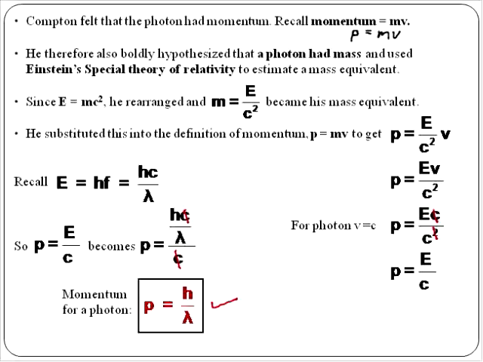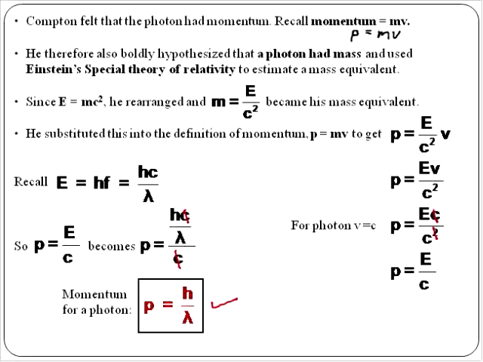Now, right after that, along came another guy by the name of deBroglie, depending on how you like to pronounce it. And he went one step further. He took Compton's equation and rearranged it. He said, if a photon that travels like a wave can have momentum, which is primarily a particle property, then why can't a particle have a wavelength?